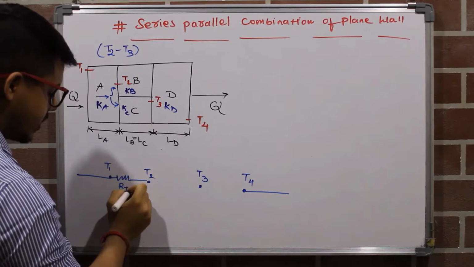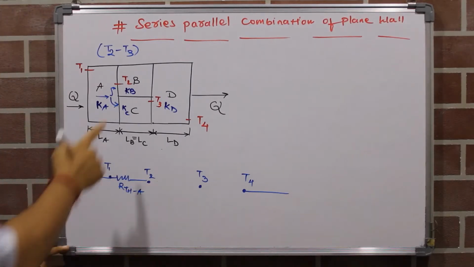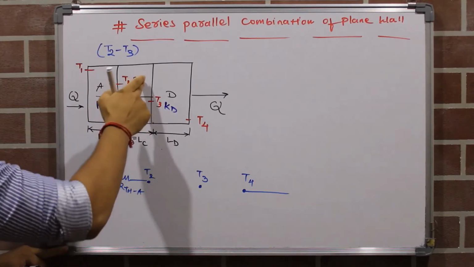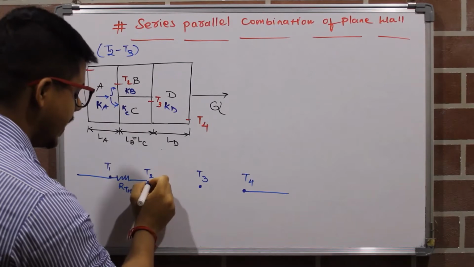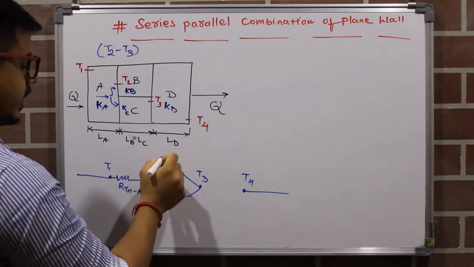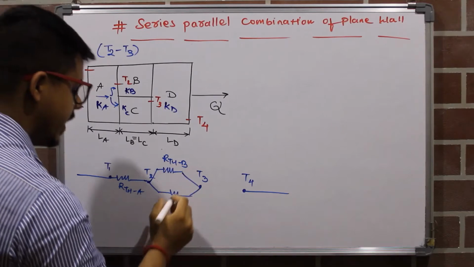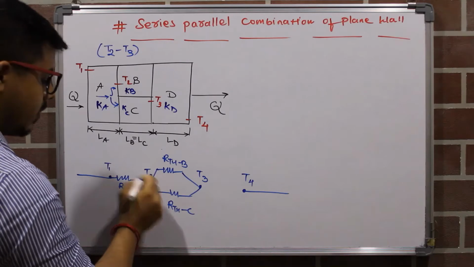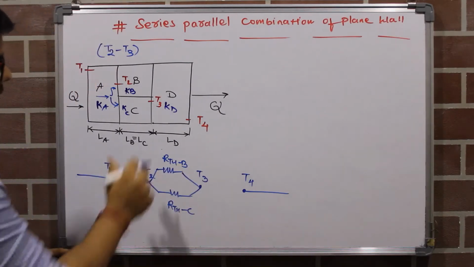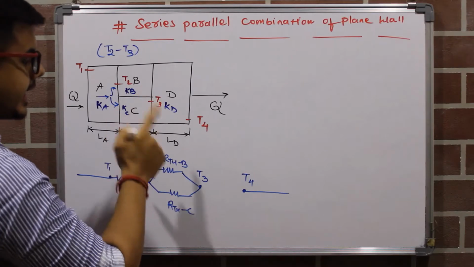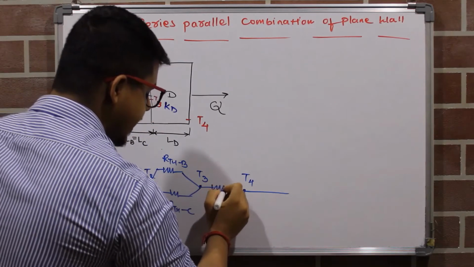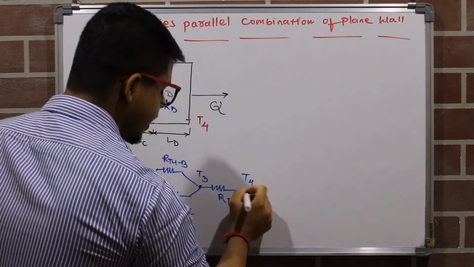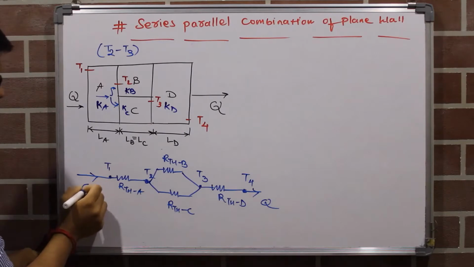Between temperatures T2 and T3 we have two walls, B and C, which are in parallel combination, so we will draw a parallel circuit. This is RTHB and this is RTHC. Between 3 and 4 we have wall D and its thermal resistance is RTHD. So this is Q and this is also Q.